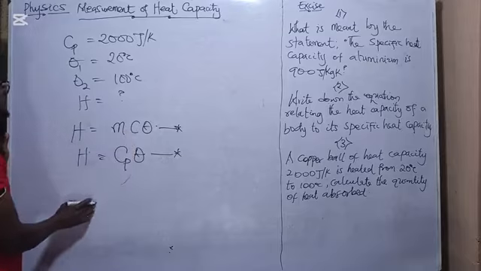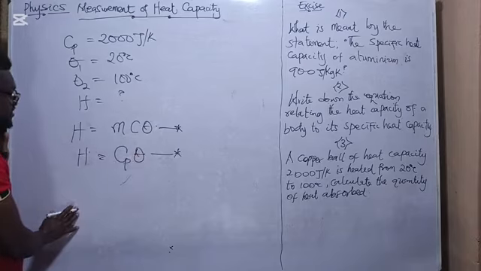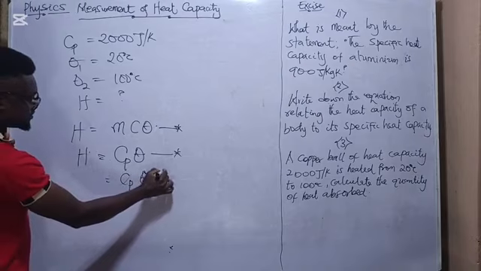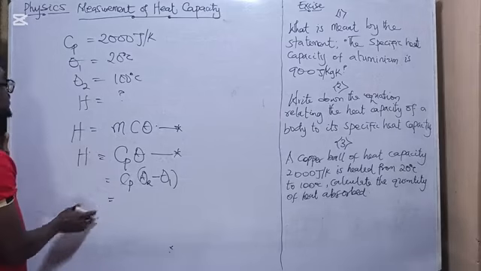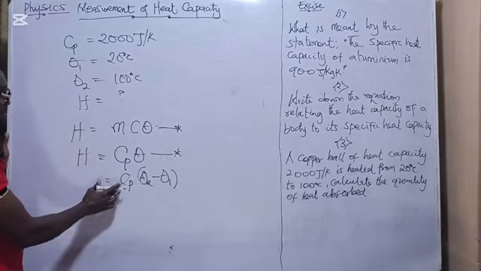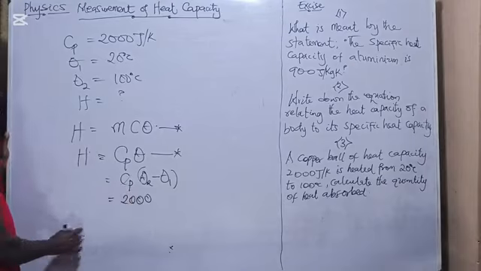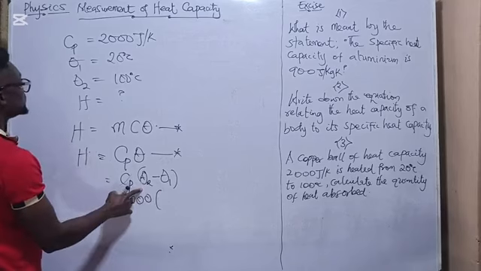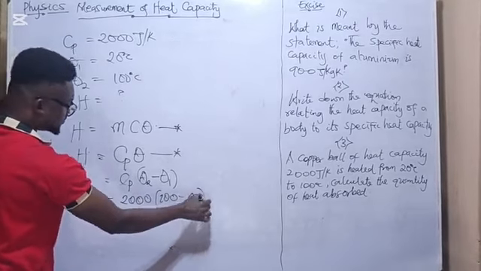Theta is the temperature change. In order to get the temperature change, the temperature change is the final temperature minus the initial temperature, right? So in this case, we are going to solve the question. We have the heat capacity given as 2000, then the temperature change, 100 minus 20 degrees Celsius.